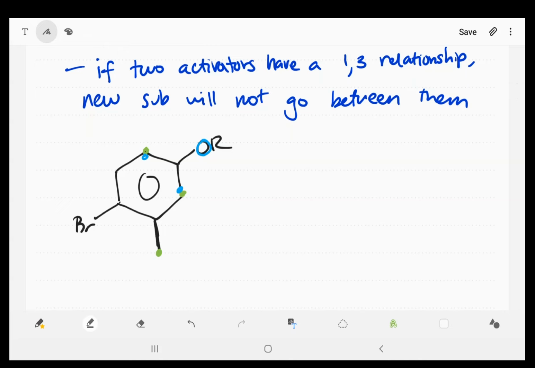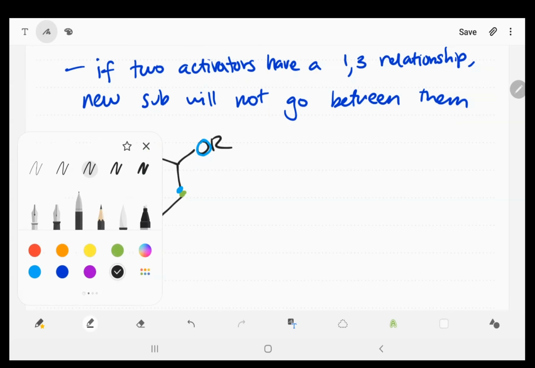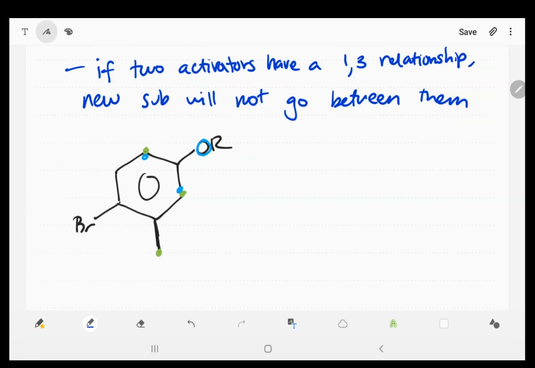Well, our oxygen is the strongest activator here, so it's going to direct it. And we might say, oh, we can direct it to this middle position in between the methyl and the oxygen, and that'll make everybody happy. But that position will not get attacked because of steric reasons.